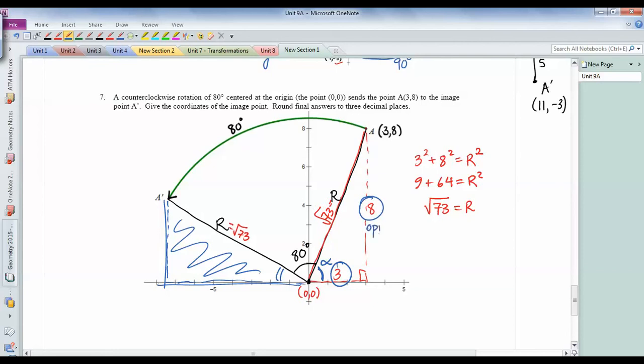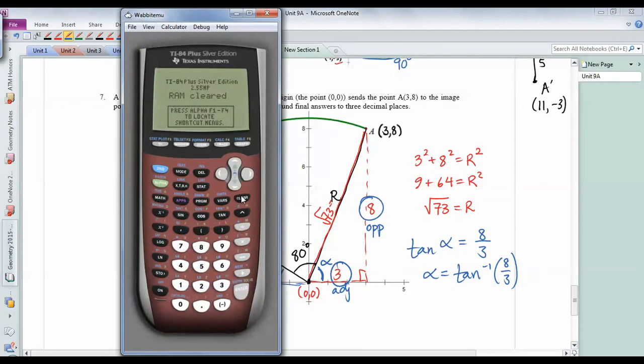This side's the opposite side. This side's the adjacent side. So tangent is the trig ratio that I'll use. So tan of alpha equals opposite over adjacent. So alpha is going to be the inverse tangent of 8 over 3. And then I'll plug that into a calculator here. So clear that.